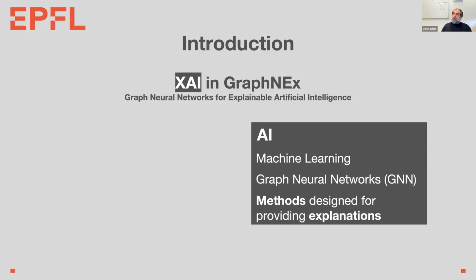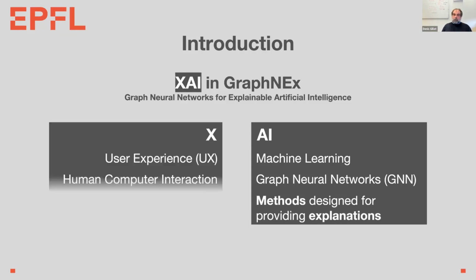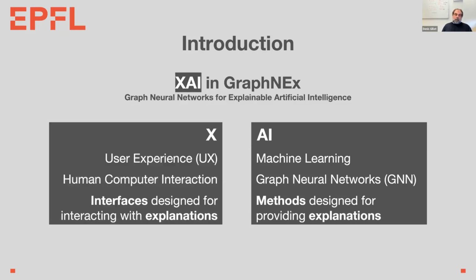But because you would like to explain things to users, we have also to dig into the user experience disciplines and human-computer interaction to really design interfaces which are enabling people to interact with the explanations, which is about understanding and maybe also providing feedback.